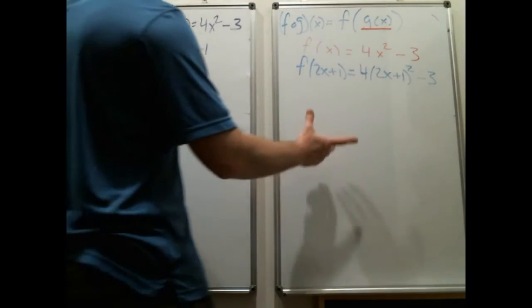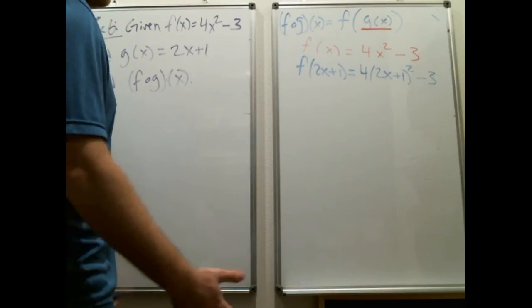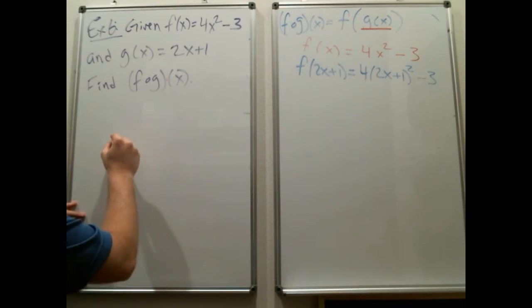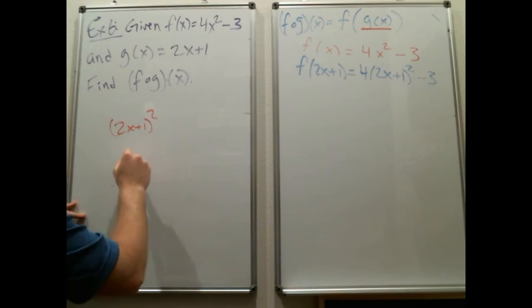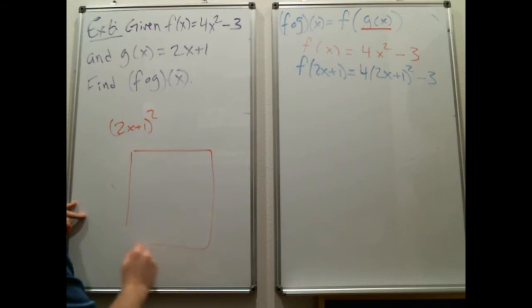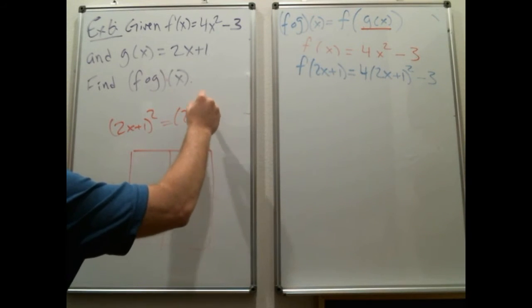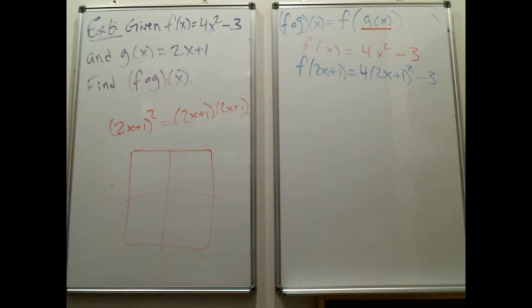So now you have to simplify this 2x plus 1 squared just the same way we did a second ago. Here's the side work for it. 2x plus 1 squared. And this time I'll do the box just to show different ways. Remember, this 2x plus 1 squared is the same thing as 2x plus 1 times 2x plus 1.